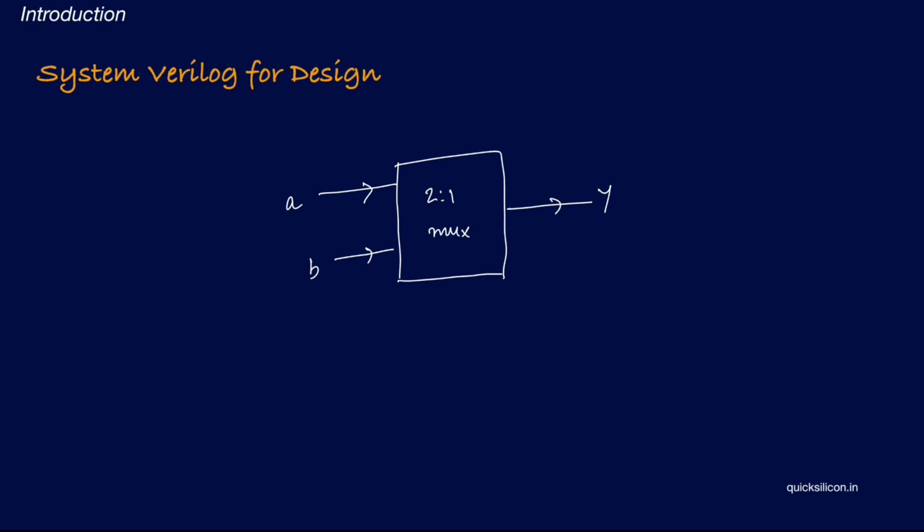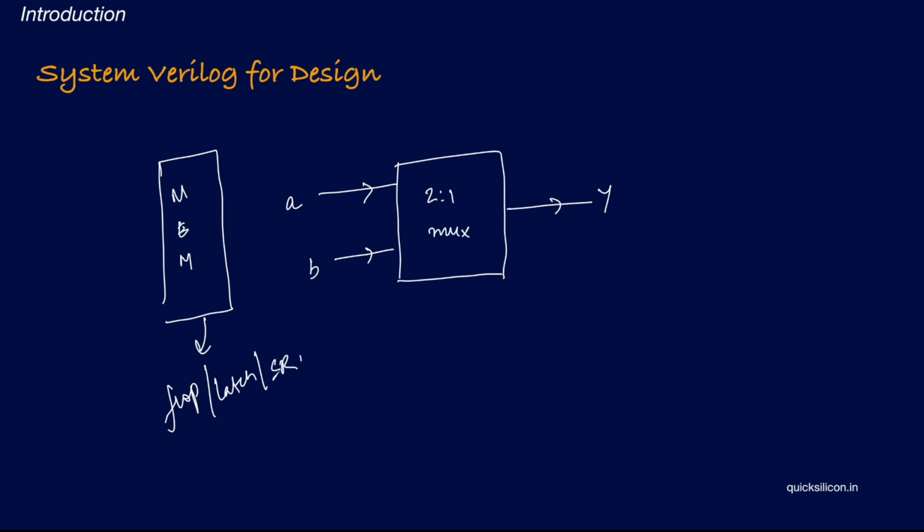Now, in most designs, the inputs A and B to this block would be coming in from a memory element. So you could assume that you have a memory element here, and this memory element could be either a flop, a latch, or even an SRAM.